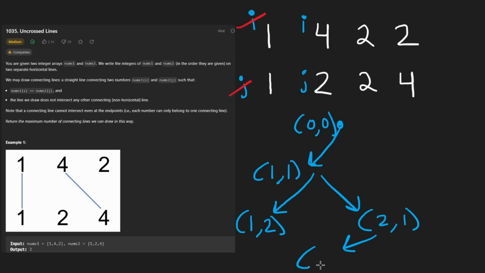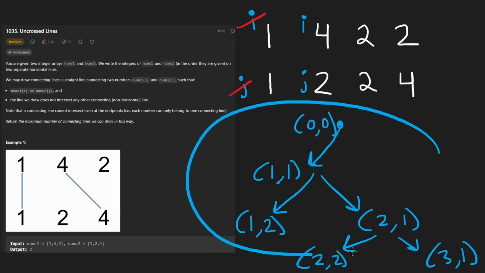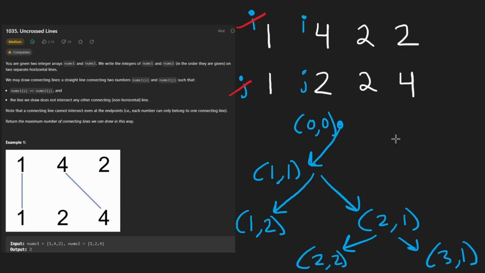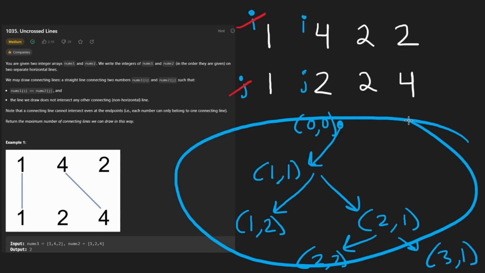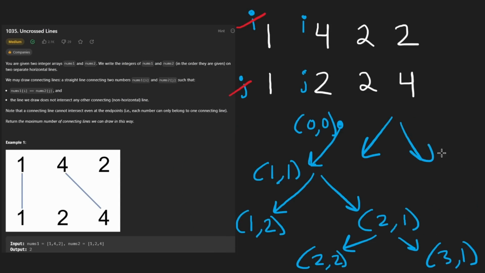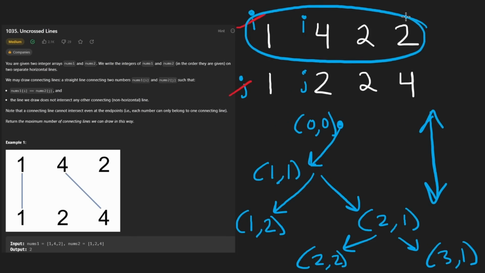We'll branch to this part where we go to 2, 2, and we'll branch in this direction where we go to 3, 1. So this solution is exhaustive. It's definitely going to find us the solution, but it might not be super efficient because notice in the worst case, we might be branching 2 times on every level, and overall the height of this tree is actually going to be the sum of the length of the first array plus the length of the second array.